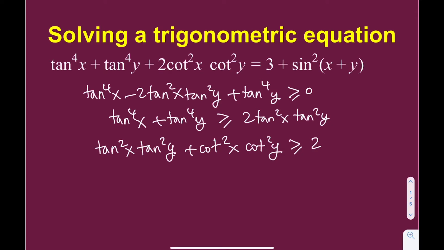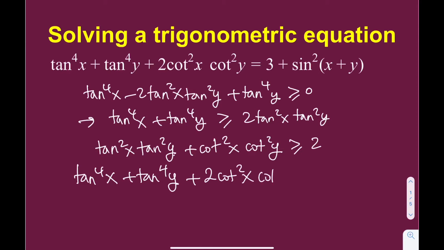Basically, in this equation, if you go ahead and add this quantity, 2 cotangent squared x cotangent squared y, to both sides, we're going to be getting the following: tangent to the fourth power x plus tangent to the fourth power y plus 2 cotangent squared x cotangent squared y. So basically what I'm doing is I'm adding this expression to both sides.